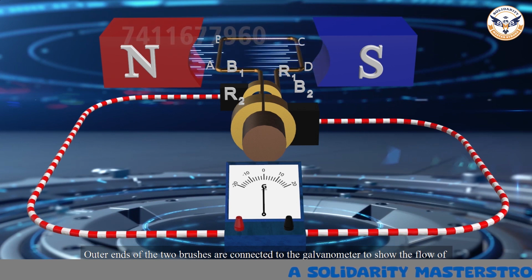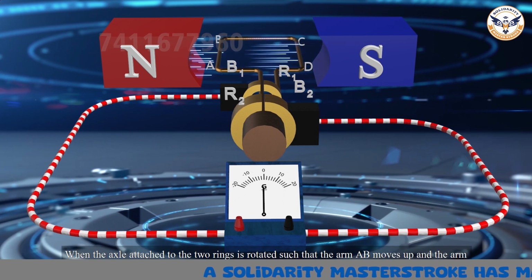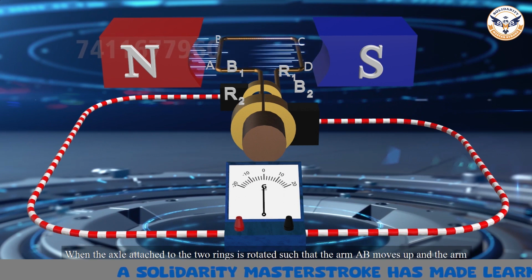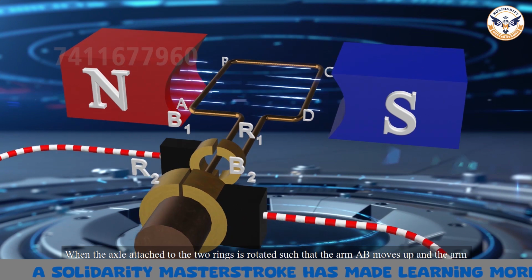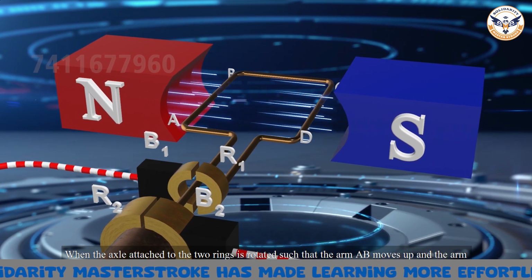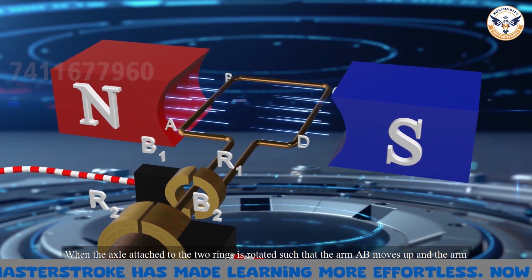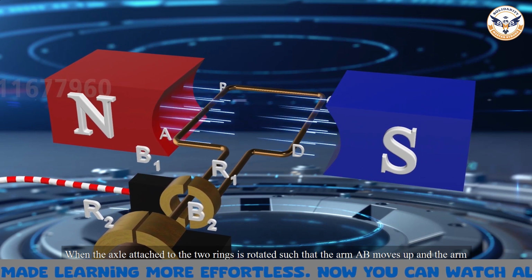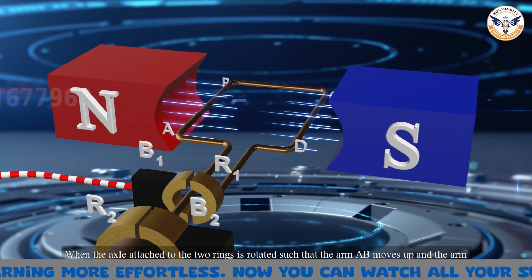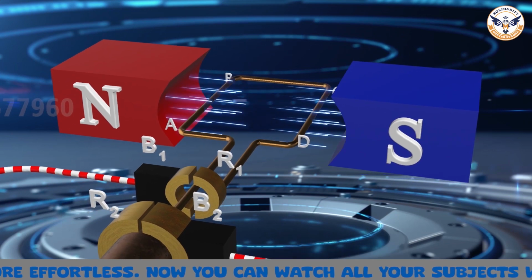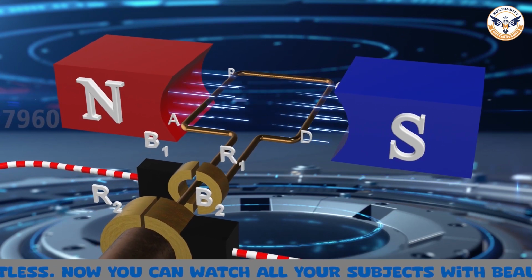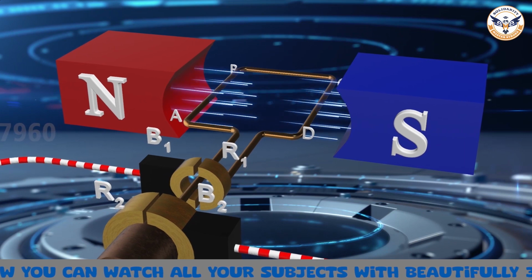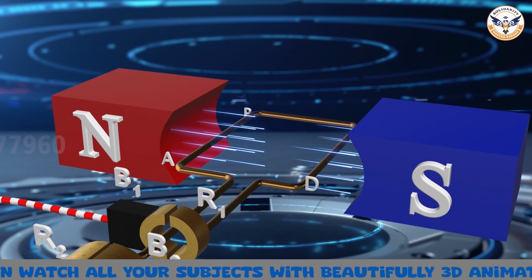When the axle attached to the two rings is rotated such that the arm AB moves up and the arm CD moves down in the magnetic field produced by the permanent magnet. Let us say the coil ABCD is rotated clockwise in the arrangement.